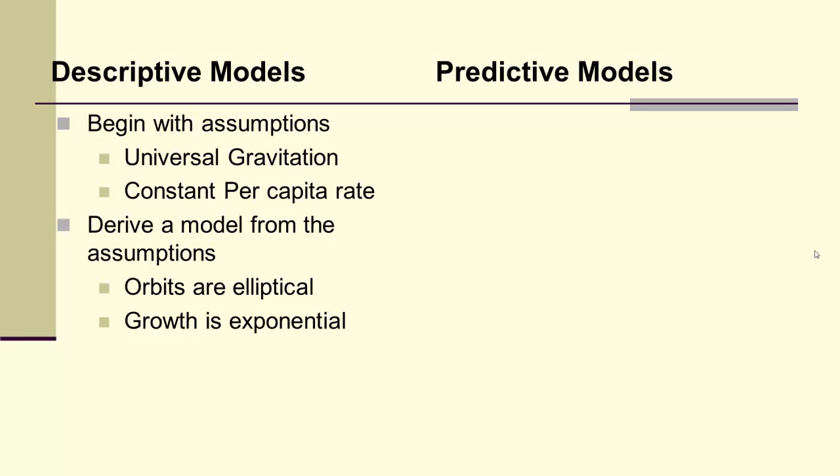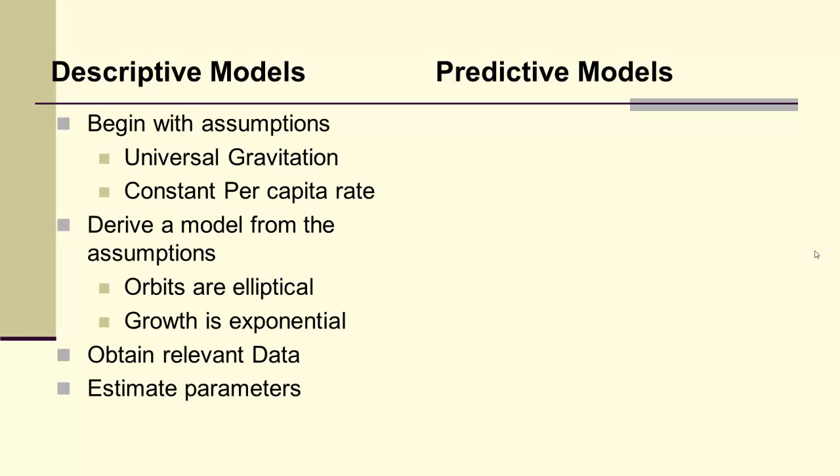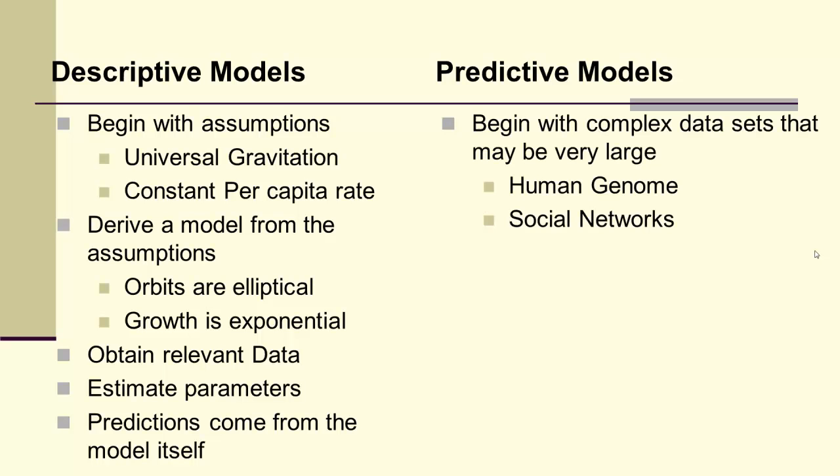From constant per capita growth rate we find out that growth is exponential. We obtain data based on these models, estimate parameters that are in the models, and then we get predictions from the model itself. In other words, predictions for descriptive models tend to be features of the mathematical models and their interpretations in the real world.